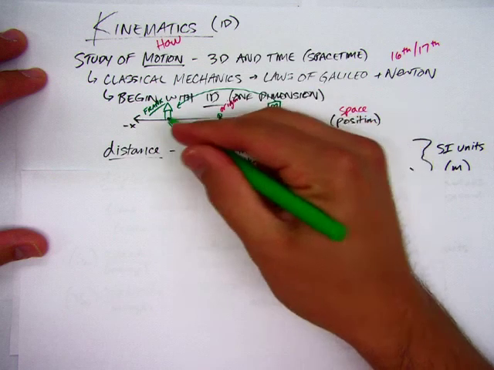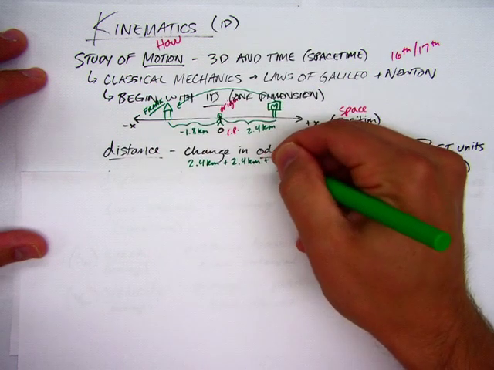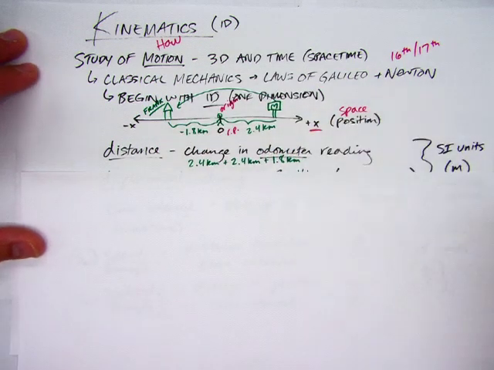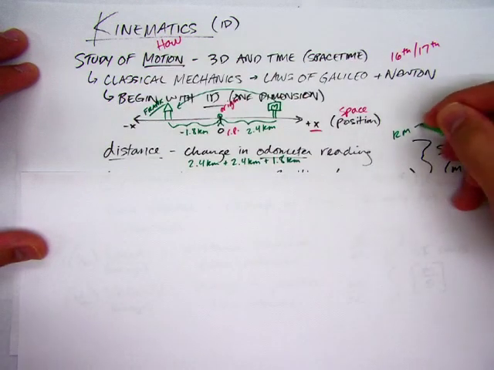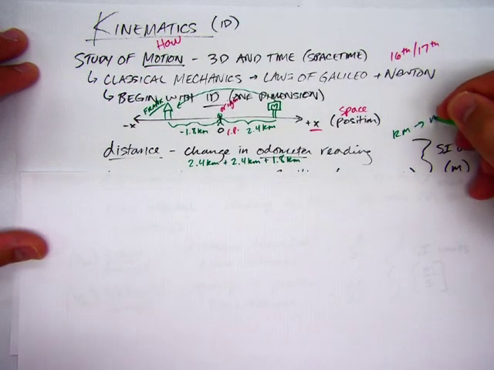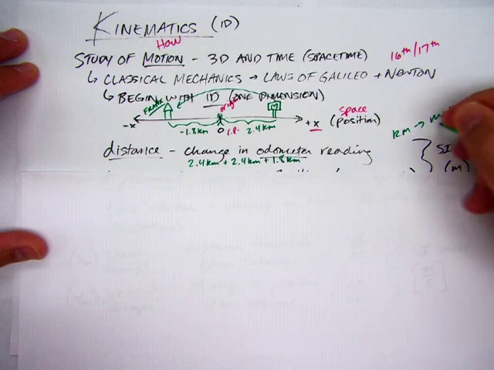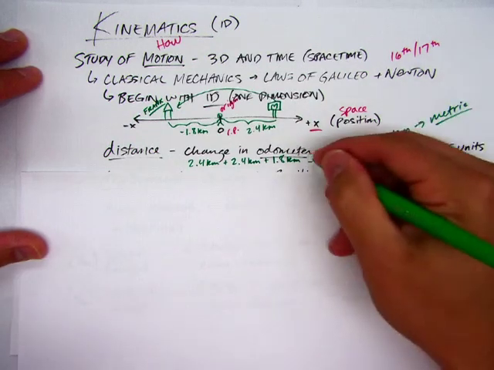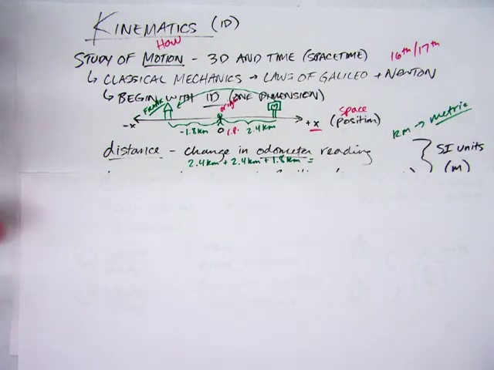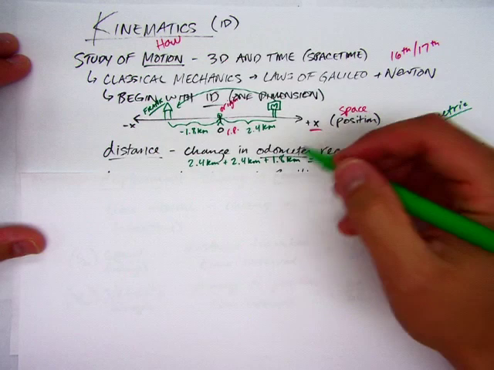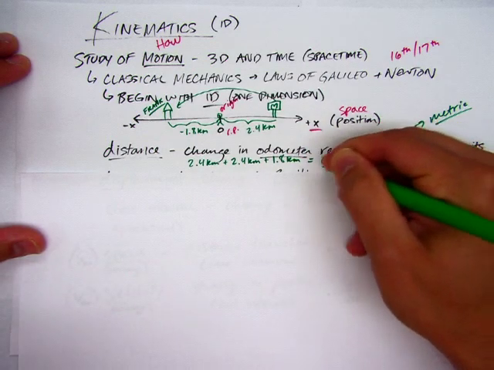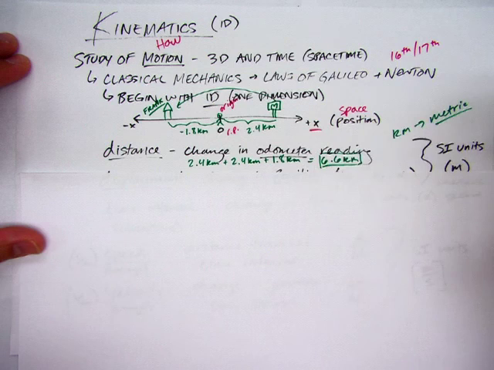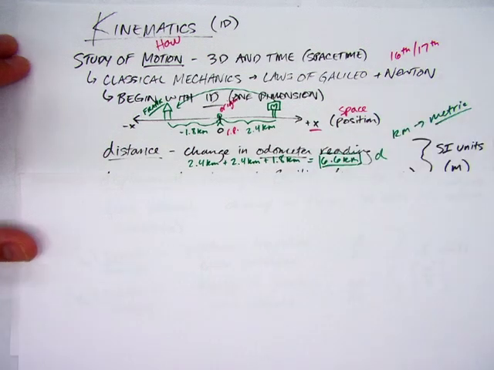And then I went from there 1.8 kilometers to Frankie's house. Notice I'm using kilometers. We do use the metric system exclusively in physics, so I'm not using miles. So what was the distance that I traveled? Well, 2.4, 4.8, 6.6 kilometers. That was my distance. And we're going to use little d to represent distance.